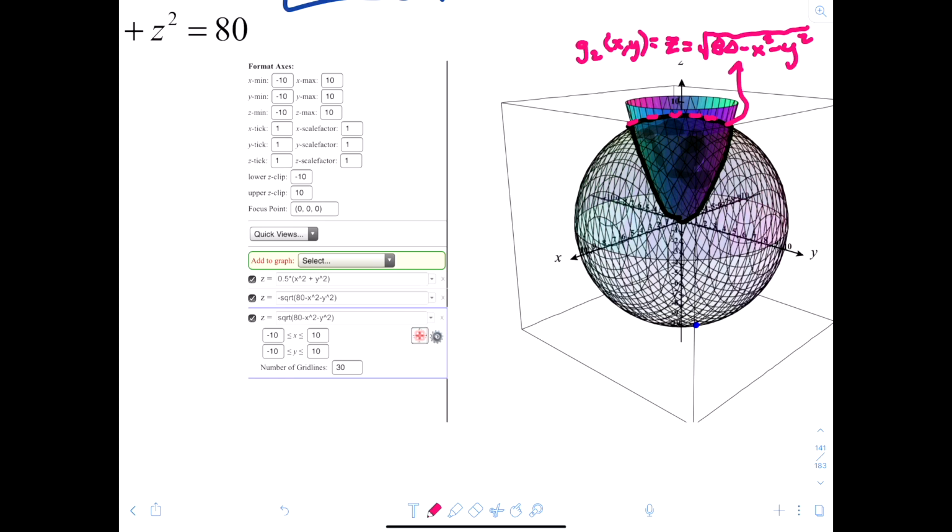Now our g1 of x and y is going to be the equation for the paraboloid, right?